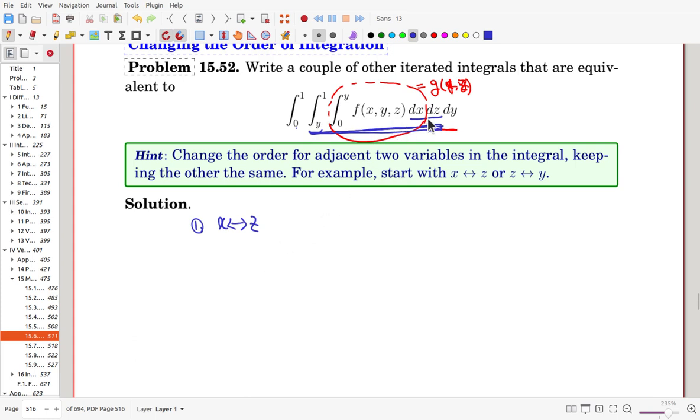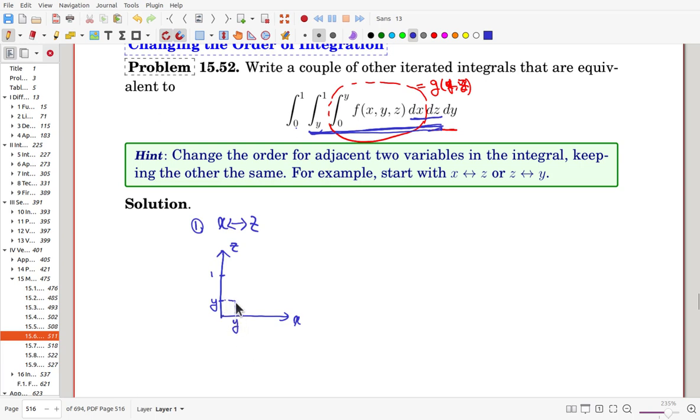Now there's the x and z direction. Let's try to visualize the region, with x and z axes. The outer integral is in the z direction, so z goes from y to 1. And for each z, x is moving from 0 to y, the same distance, which will be y.